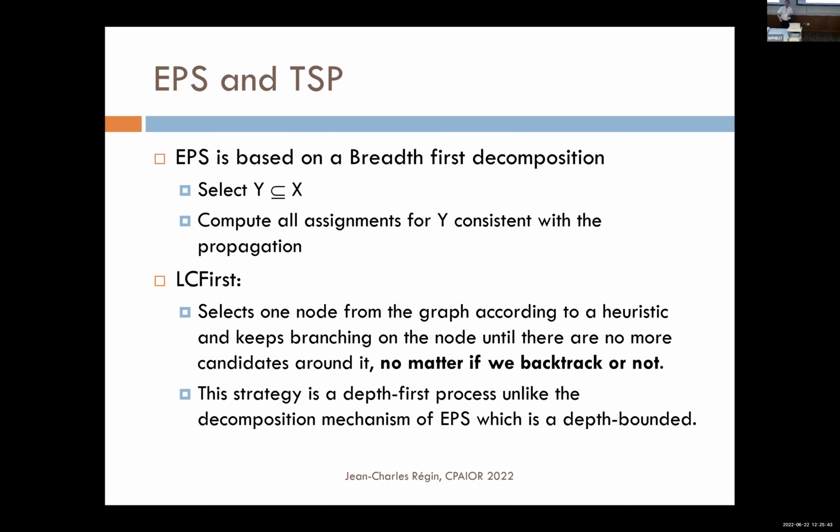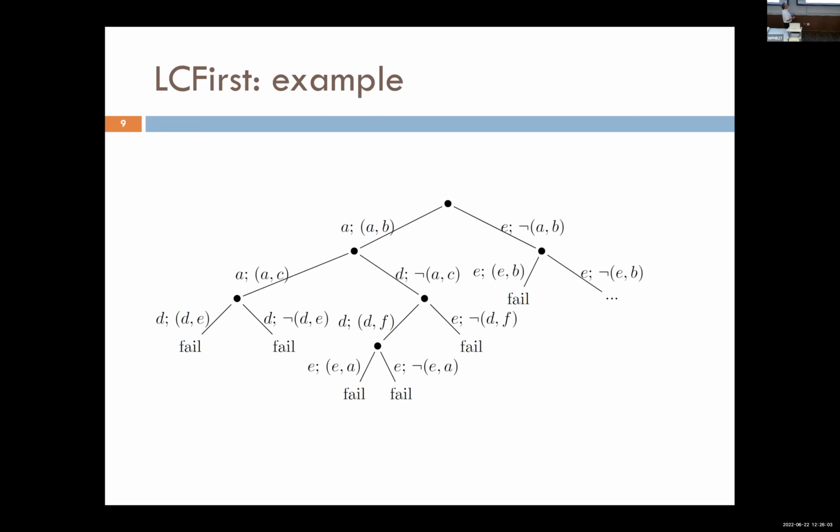That means that we are going to discover some LCFirst node, and we want to assign edges around this node, and this node can go up in the search. And the problem is that this is a depth-first process, and it contradicts the breadth-first process of the decomposition.